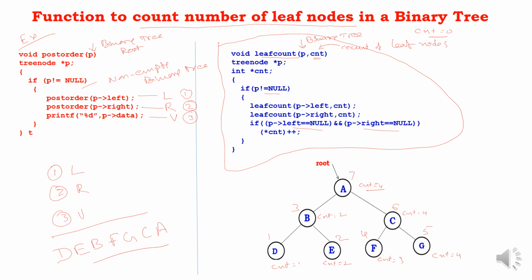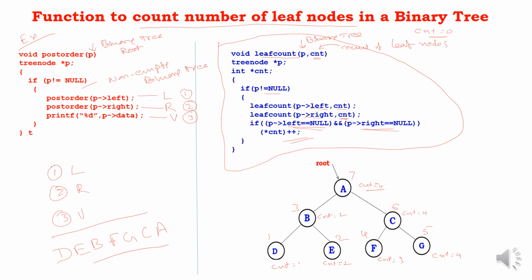Then leaf count P left, while traversing the left side of the tree, find count. Then while traversing the right side, find the count of the leaf nodes. Then every time you visit a node, check whether it is a leaf node or not.